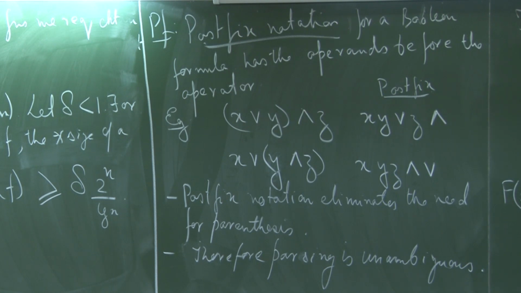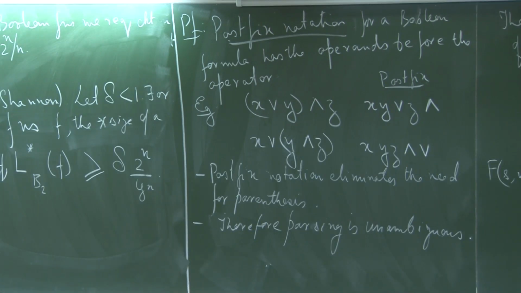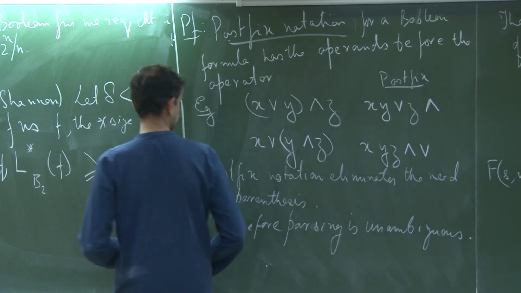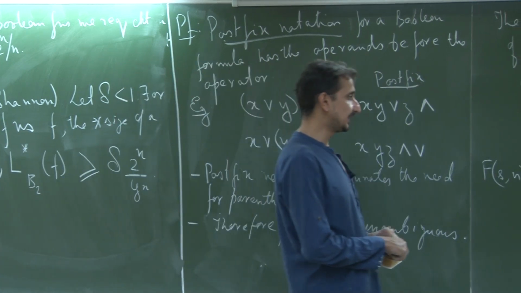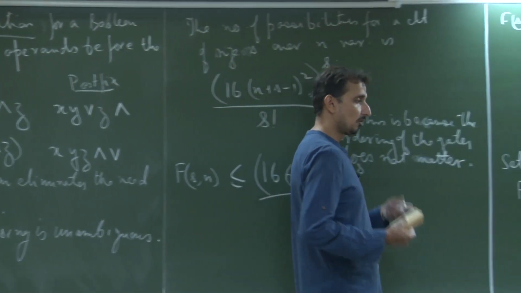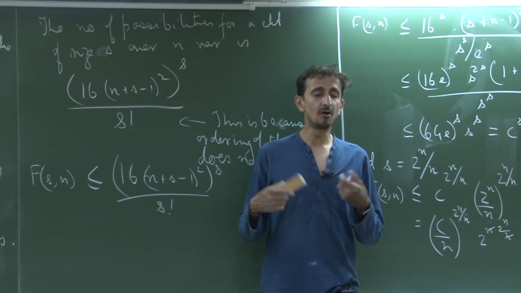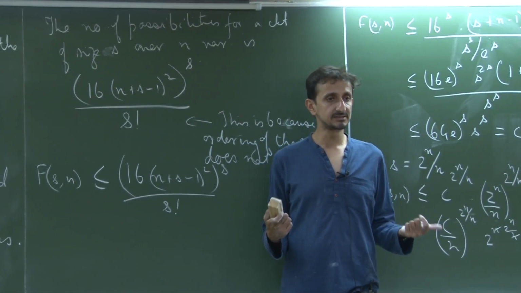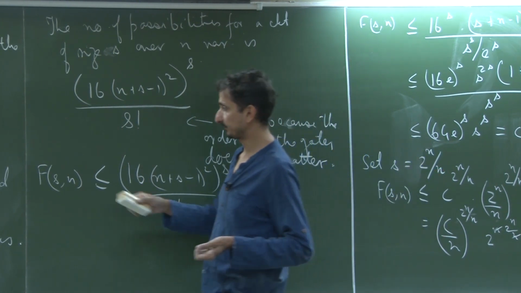Okay. So, why are we looking at postfix notation? The reason why we are looking at postfix notation is because what we will count is that for a Boolean formula of a fixed size, how many different postfix notations are there.